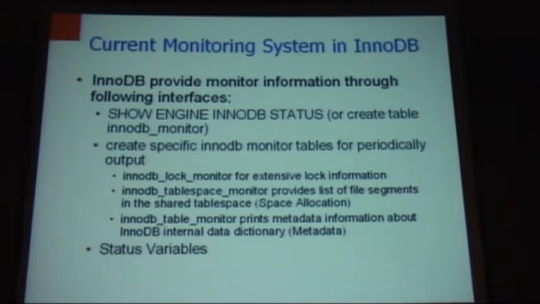And the so-called table monitor is basically metadata: it displays all the indexes on a particular table, as well as the foreign keys, columns, and all those things. The last one is the status variables. There are a little less than 40 status variables for InnoDB that give you more information about I/O, buffer counts, and so on.